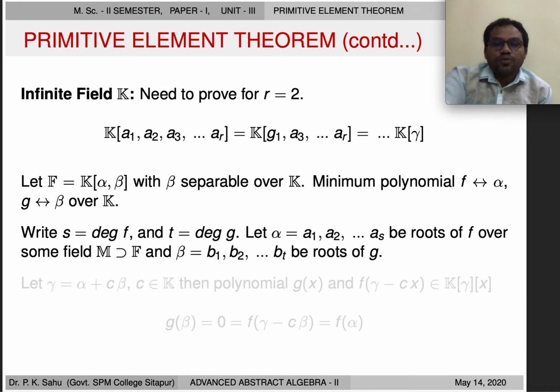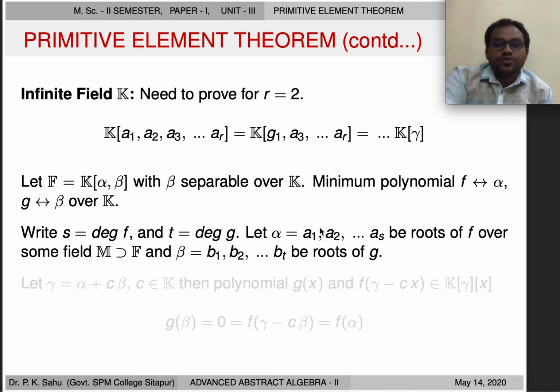The roots of f lie over some field M, which is an extension over k, and since beta is already separable, we are not taking any extra field there, but alpha may or may not be separable, so we have to take this field extension M over k.